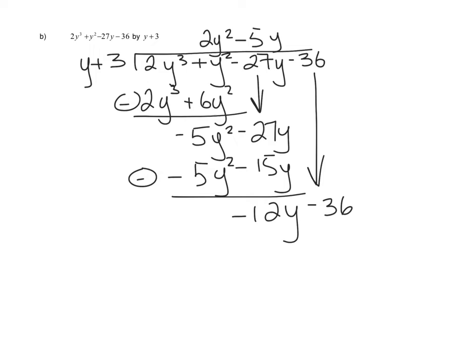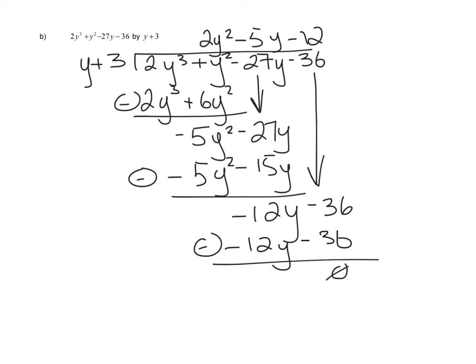And what multiplies with y to give me negative 12y? That gives me minus 12. And I end up getting minus 12y minus 36. And of course, we get a remainder of 0. So that means it divides evenly.